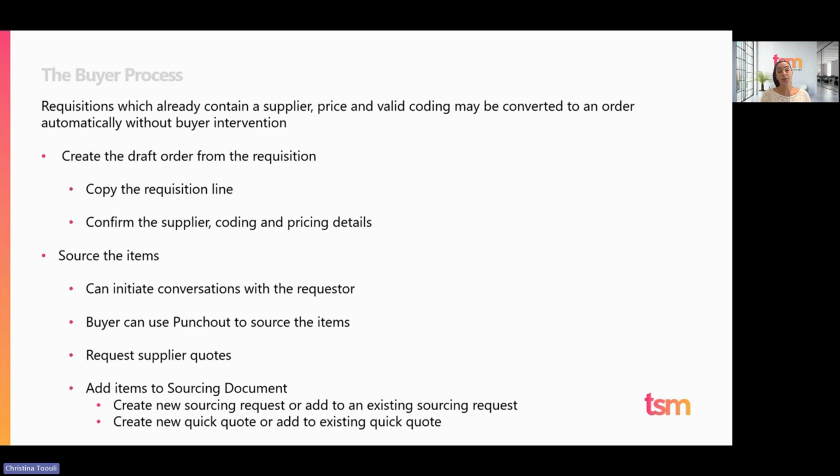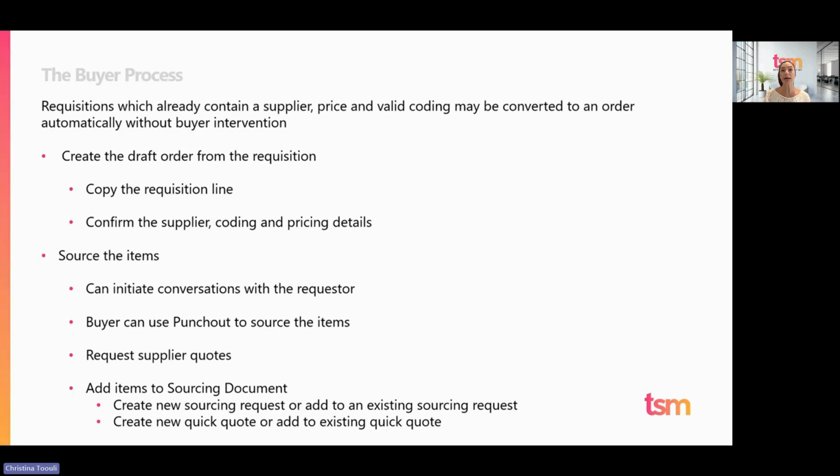The buyer has lots of options available to them. There is lots of flexibility around how the buyer can convert requisitions into orders and how much intervention is required. So requisition creation and conversion to an order can be an exceptionally streamlined process if you want it to be.